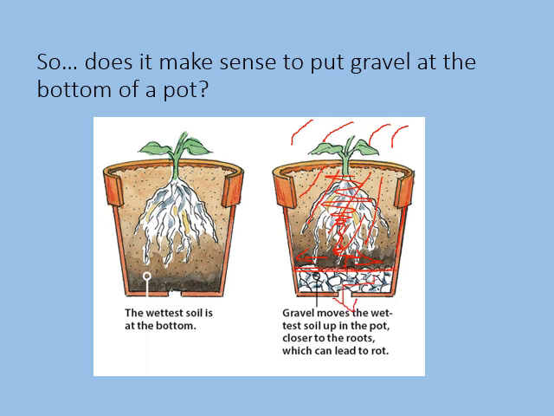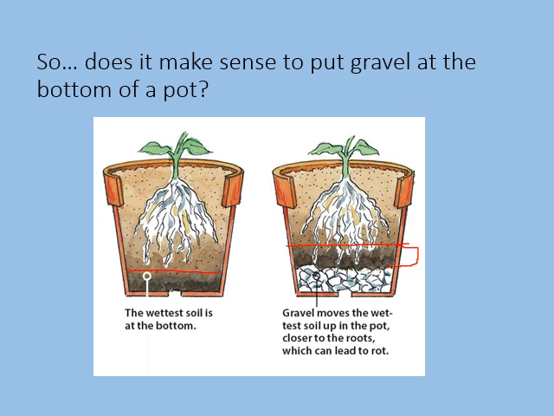Now, what that effectively means is that the zone of saturation, which I would call the bottom area where gravitational water and capillary action are equal, is higher, closer to the roots than when there's no gravel in the pot. So if you're putting gravel in the bottom of your pot, you're probably assuming your plant is sensitive to excess moisture.